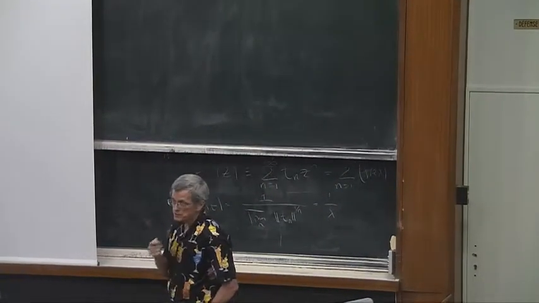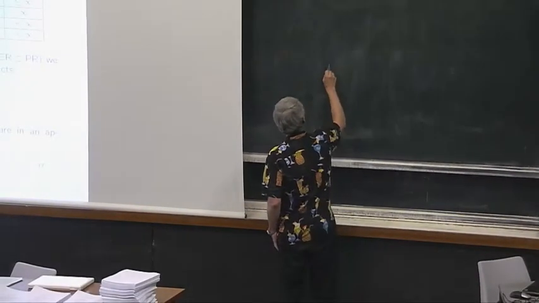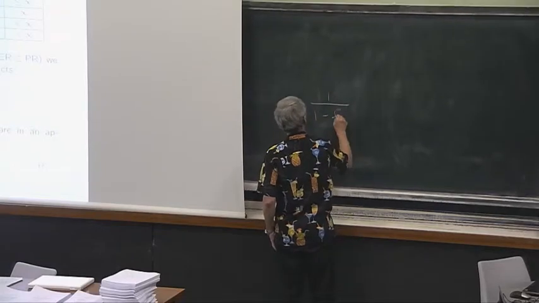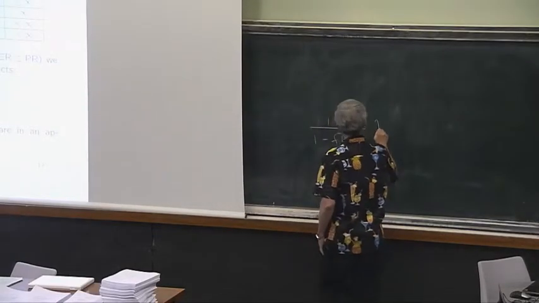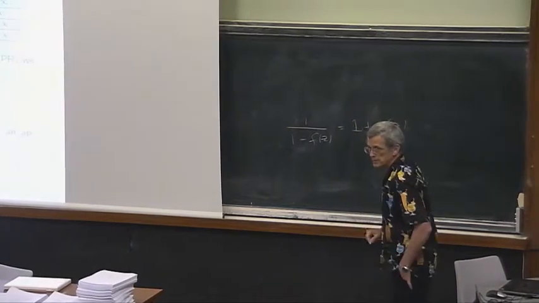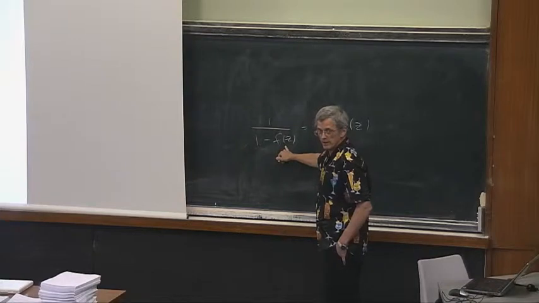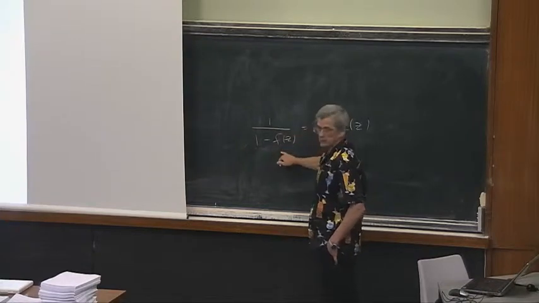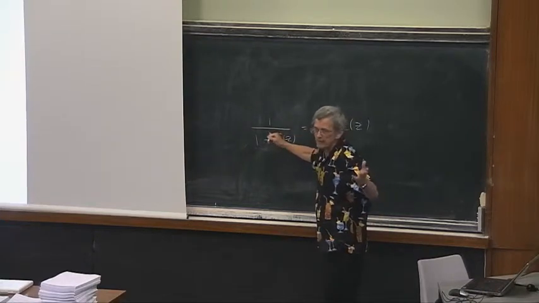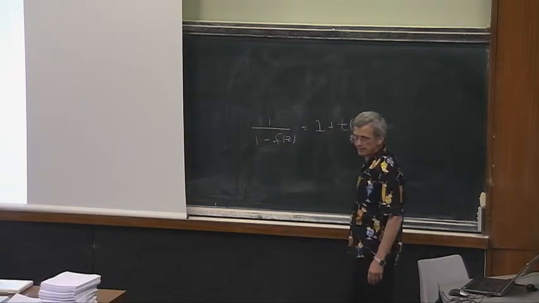And that's because of this functional relation. Remember, we have this relation. Now, if f is between 0 and 1, well, the left side will be a finite positive number if f of z is less than 1, and then the right side will be finite.